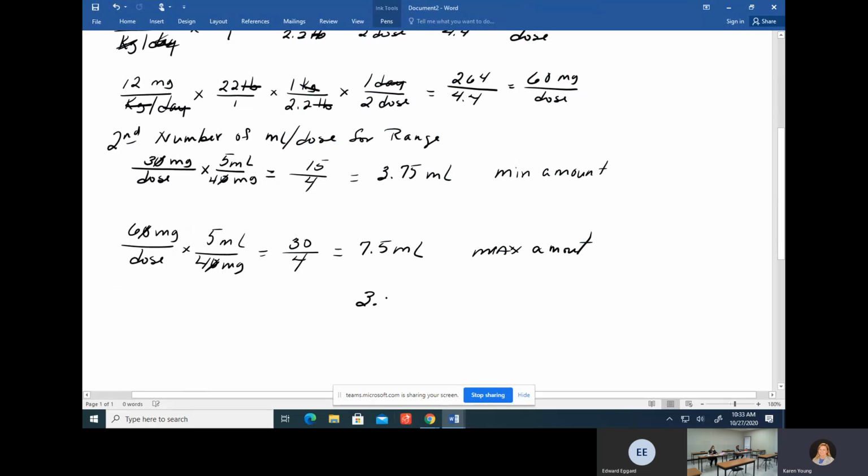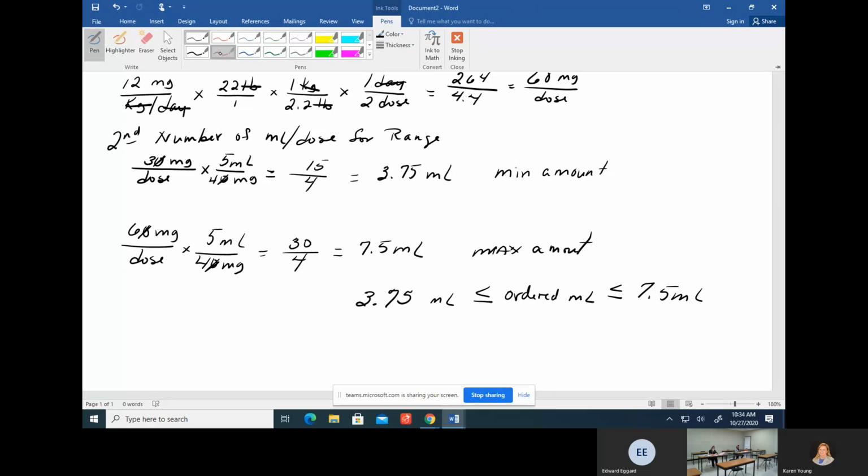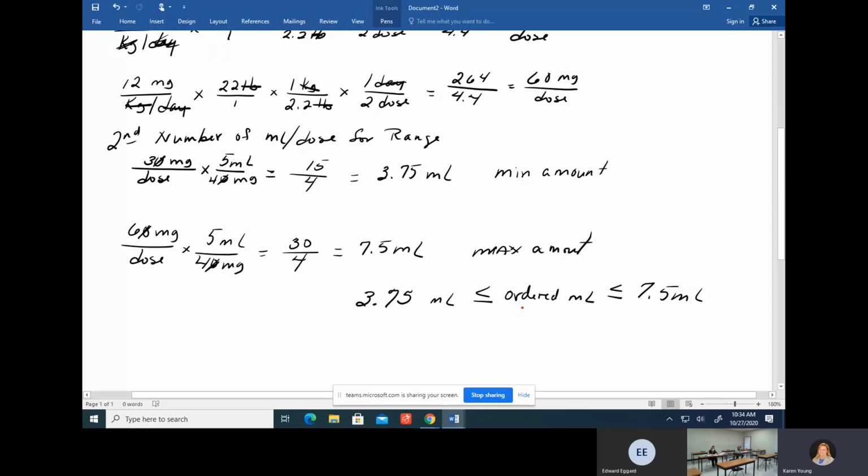So my range is 3.75 milliliters, which has to be less than or equal to the ordered milliliters, which has to be less than or equal to the 7.5 milliliters. My ordered milliliters was 7.5 milliliters.